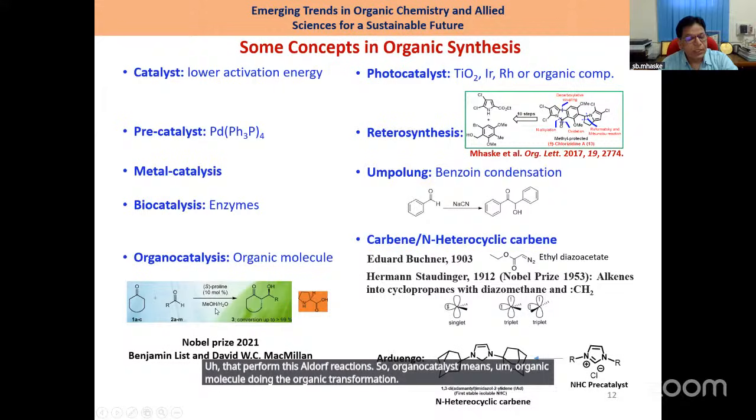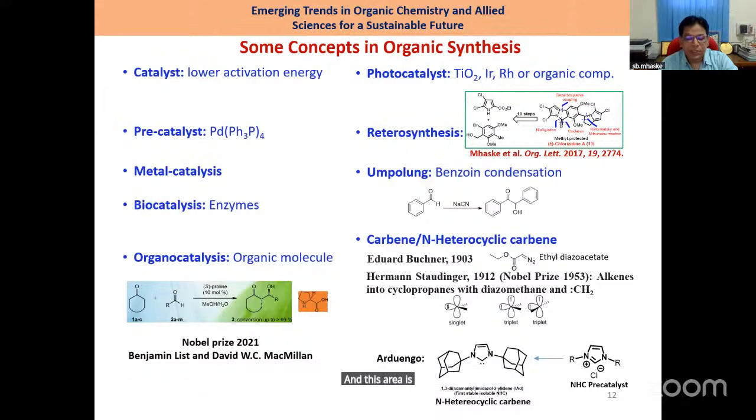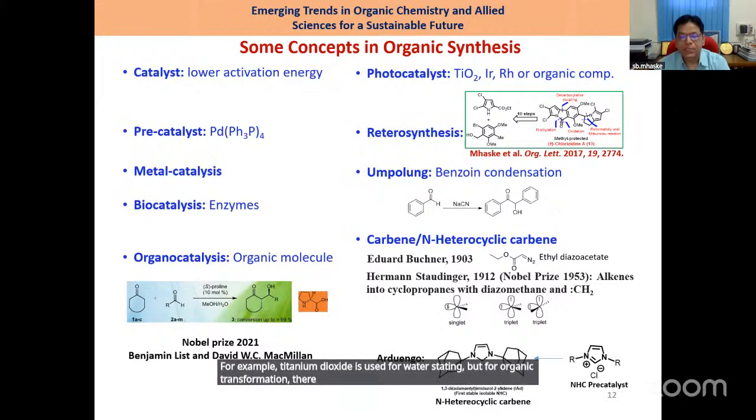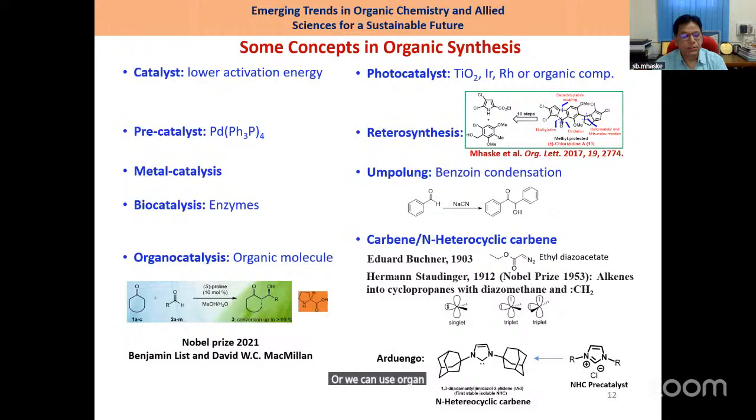And this area is also picking up in the industry sector as well. The other way to reduce the environmental impact is to use photocatalysts. For example, titanium dioxide is used for water treatment, but for organic transformation, there are many metal-based catalysts, or we can use organic compounds or dyes for this purpose as an activator.